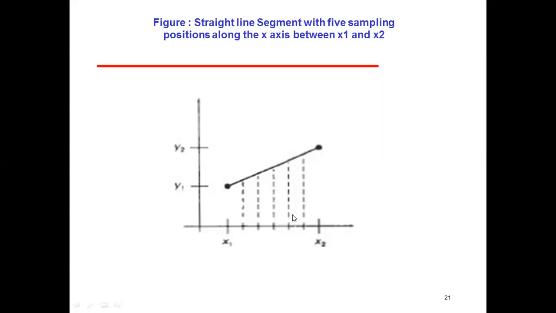If there are several points which lie on this line, then whenever we join them, we can maintain the quality of the line and we will get a straight line.